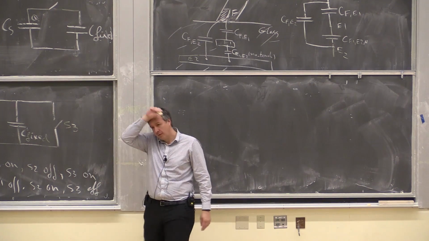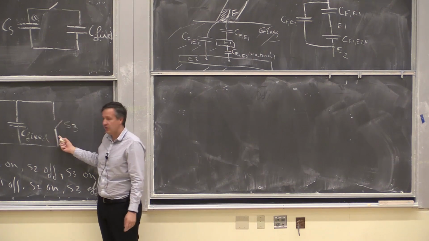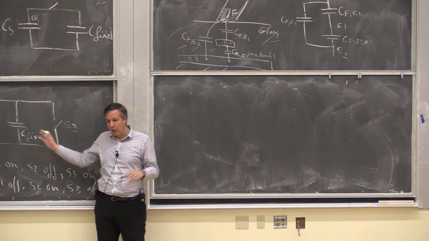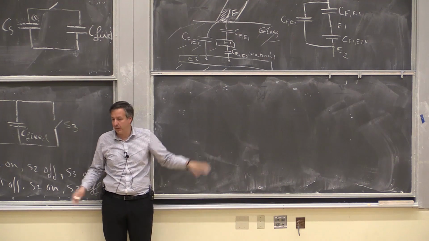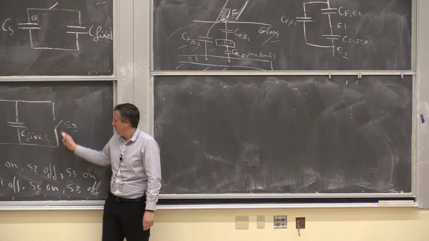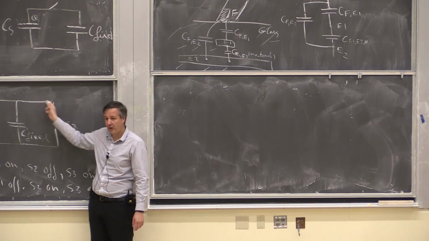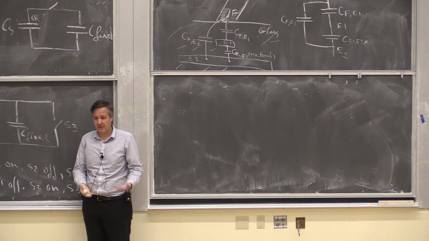Yes? Could you explain why S3 has to be on in phase 1? So when S3 is on, we're not going to go through each phase and break it apart, but just in short, if S3 is on in phase 1, the plates of this capacitor are shorted through this wire. So the voltage across it is 0.